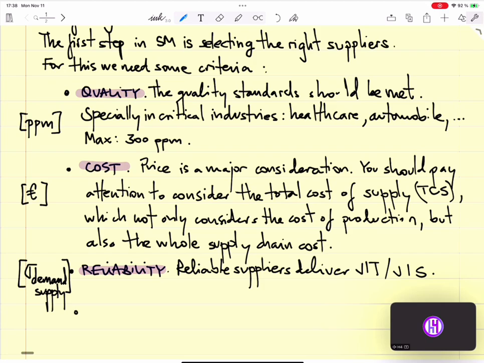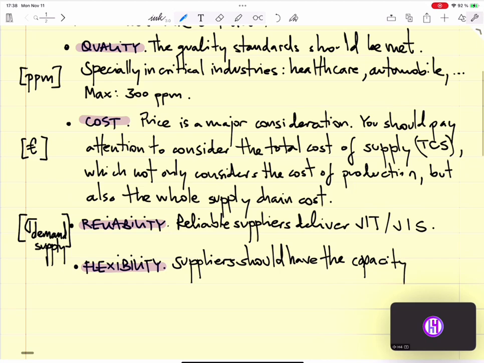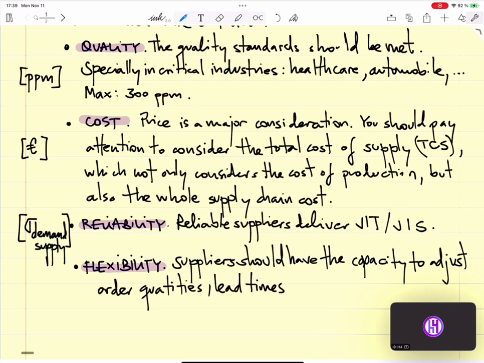Then flexibility. So suppliers should have the capacity to adjust order quantities, okay, lead times or product specifications.